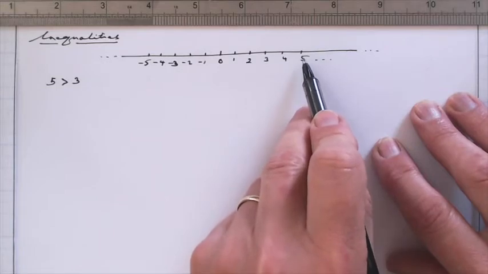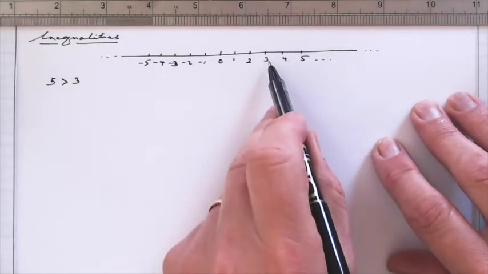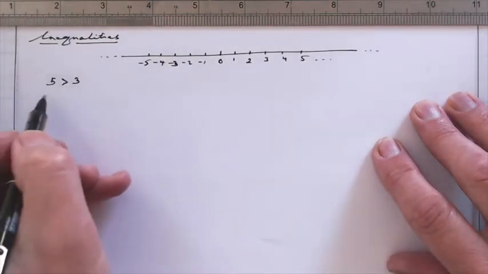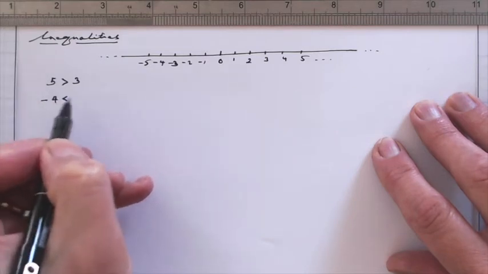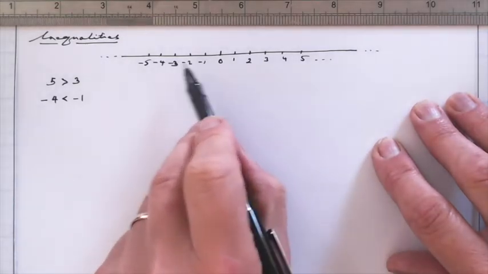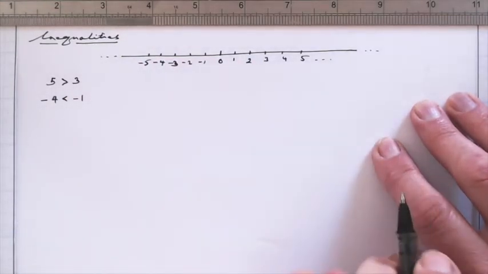Literally, the number 5 is more to the right on the number line than is 3. For example, we might have that -4 is less than -1. So -4 is less than, namely more to the left on the number line than, -1.